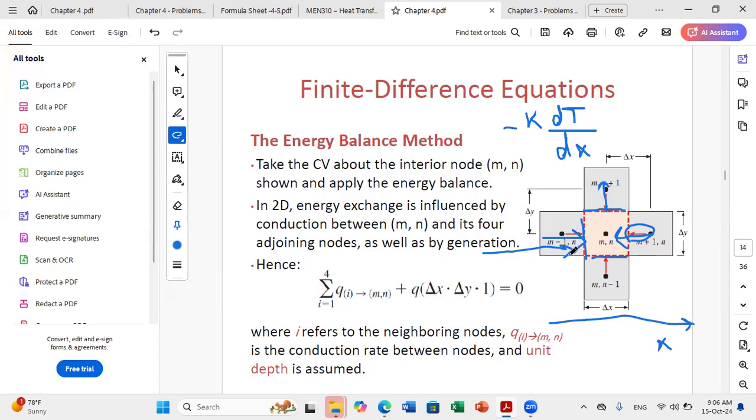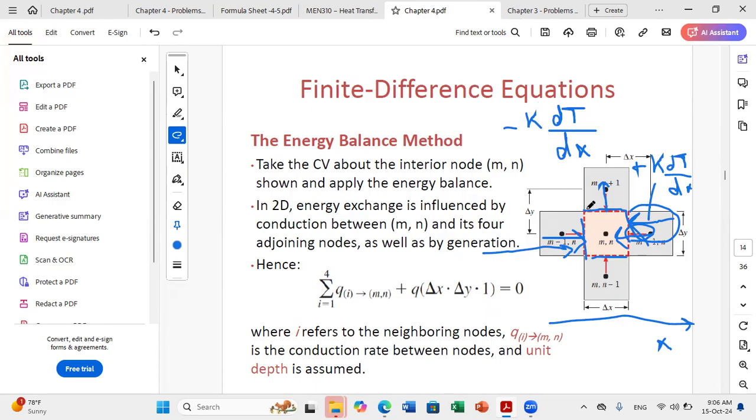But what if, on the following cell, you take the arrow to be opposite? Then the numerical value of this flux will be plus k dT by dx. So pay attention to this.